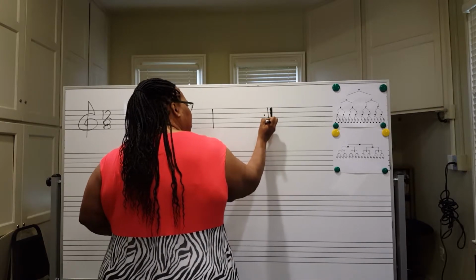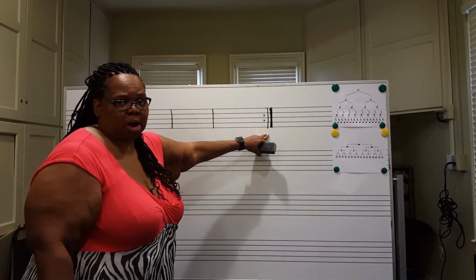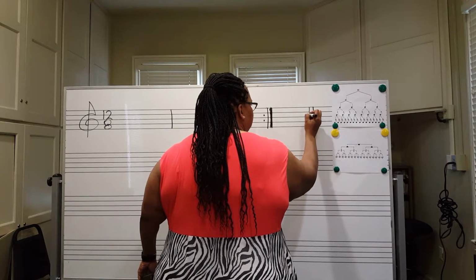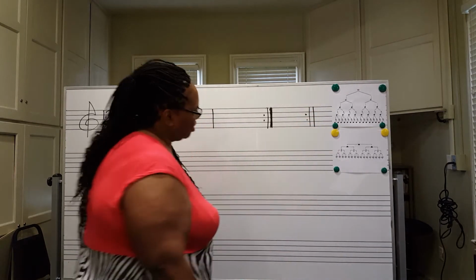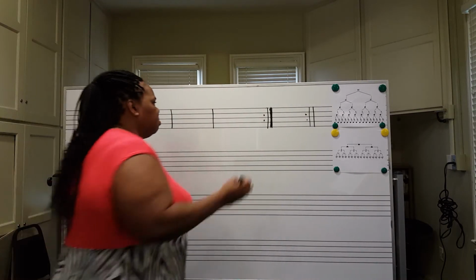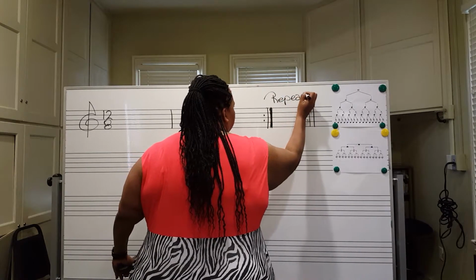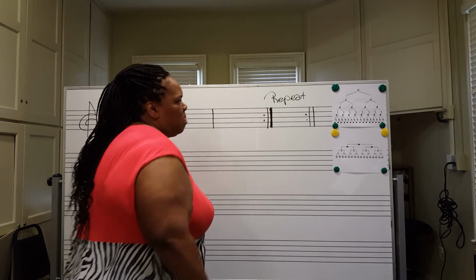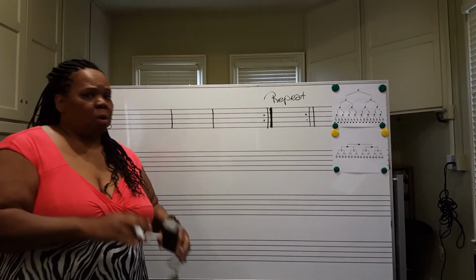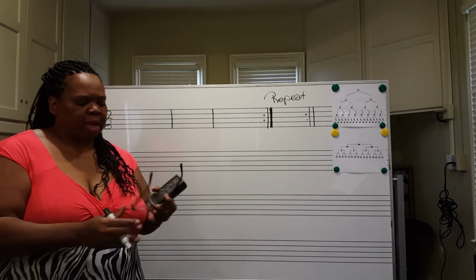But sometimes you see two dots here in front of either an end of music bar line, or you will sometimes see it on the end of section. These two dots tell us simply to repeat. And that's what it's for. It tells us to repeat either a phrase or the whole song or a certain section of the song.